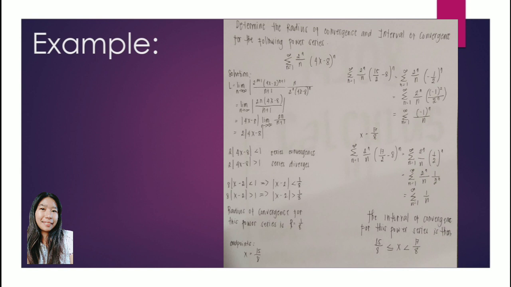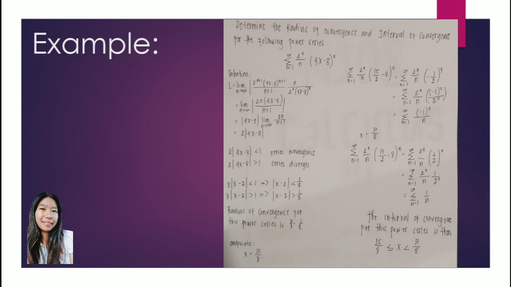Find the radius of convergence and interval of convergence for the following power series. The given is the sum from n equals 1 to infinity of 2 raised to n over n times the quantity of x minus 8 raised to n. So our solution is the limit as n approaches infinity of the absolute value of 2 raised to n plus 1 times the quantity of x minus 8 raised to n plus 1, all over n plus 1, times n over 2 raised to n times the quantity of x minus 8 raised to n, which is equal to the limit as n approaches infinity of the absolute value of 2n times 4x minus 8 all over n plus 1.